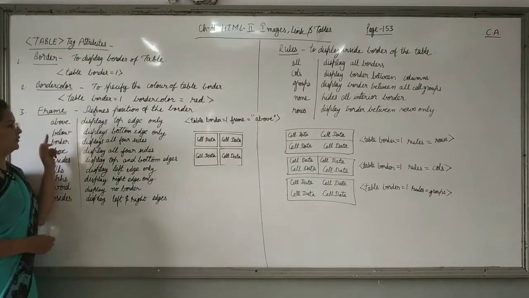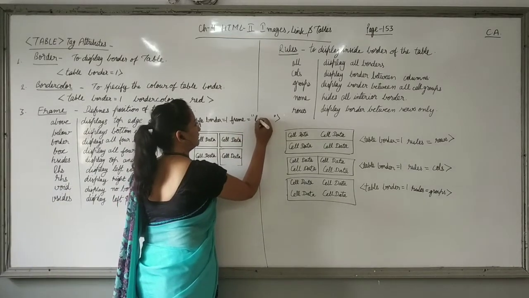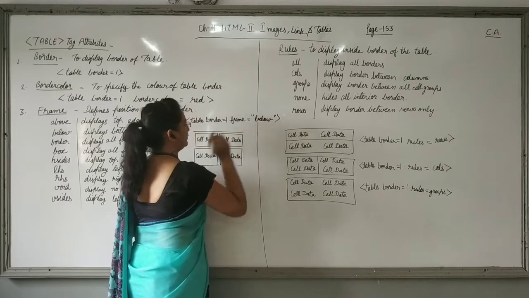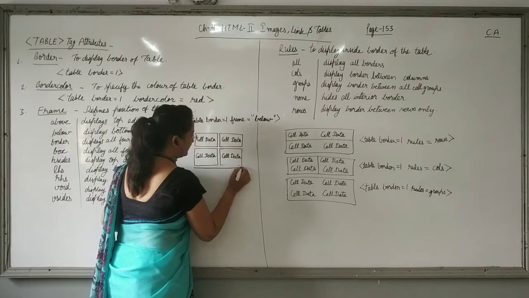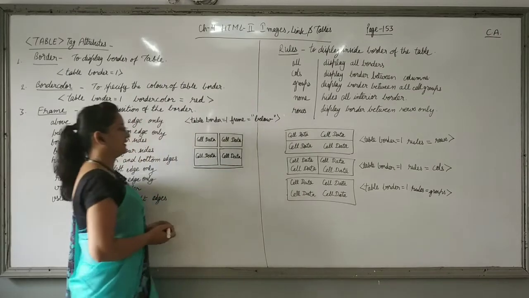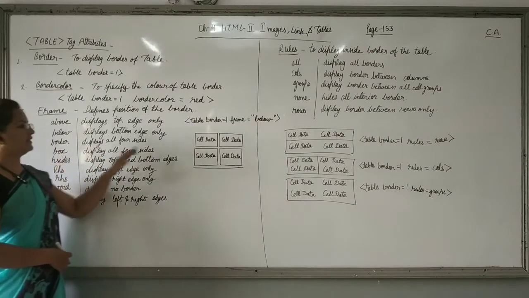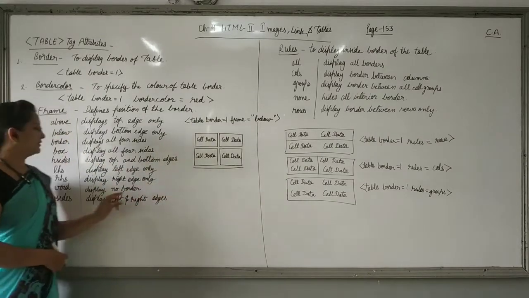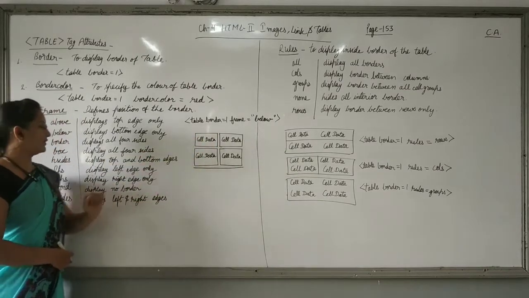Next is below. If I write frame equals to below, only the bottommost border will be visible, like this. Next is border, which will display all four borders. Then box also will display all four sides of the border.